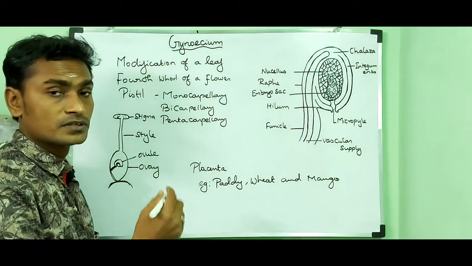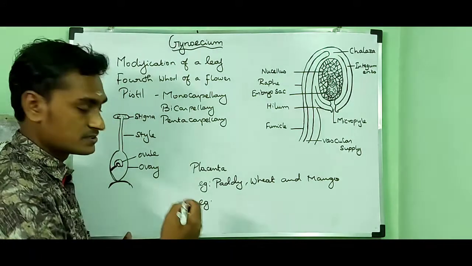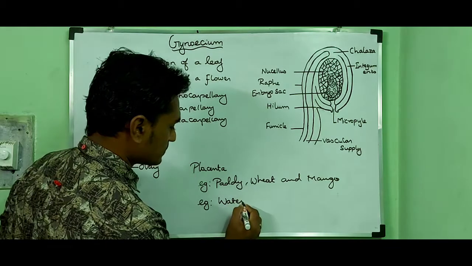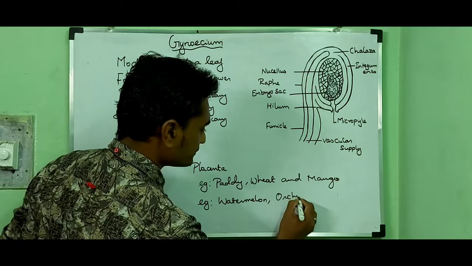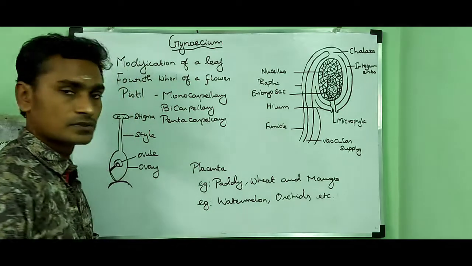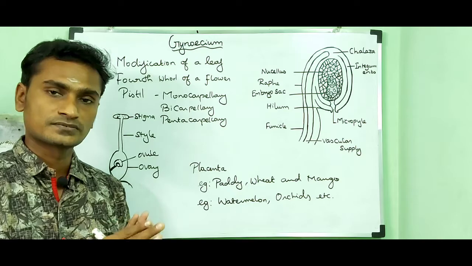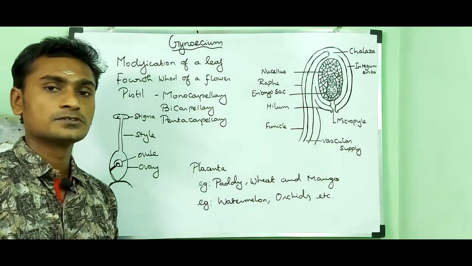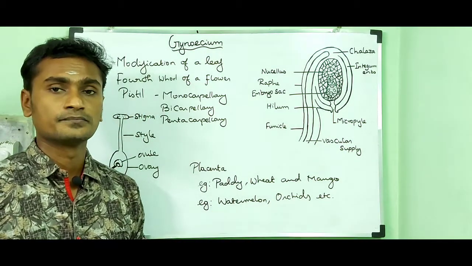If the ovary contains many ovules, many seeds are present in that fruit. Example: watermelon, orchids and papaya, after the post-fertilization changes.